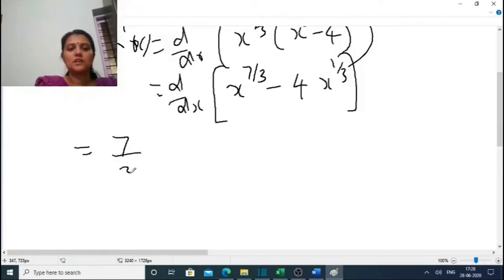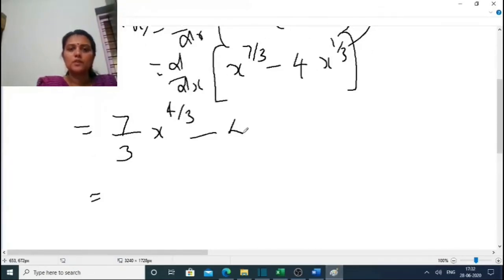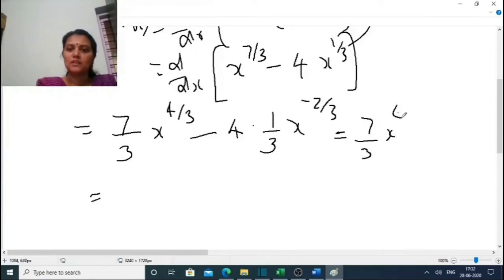So 7 by 3 into x raised to 4 by 3 minus 4 into the derivative of x raised to 1 by 3, which is 1 by 3 x raised to 1 by 3 minus 1, that is minus 2 by 3. Which is equal to 7 by 3 x raised to 4 by 3 minus 4 by 3 into 1 by x raised to 2 by 3.